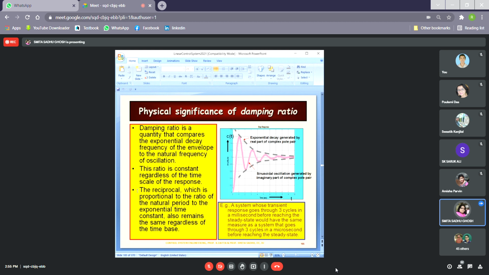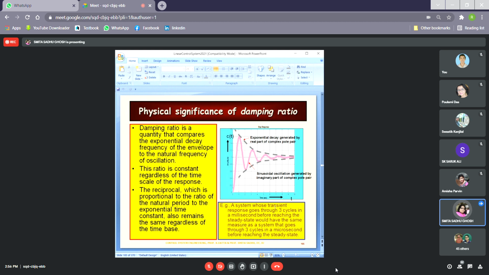The reciprocal of the damping ratio, which is proportional to the ratio of the natural period to the exponential time constant, also remains the same regardless of the time base. Naturally, if your damping ratio is not dependent on the time base, the reciprocal also is not going to be dependent on the time base.